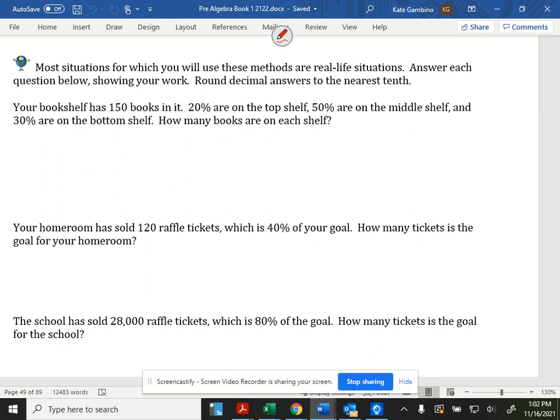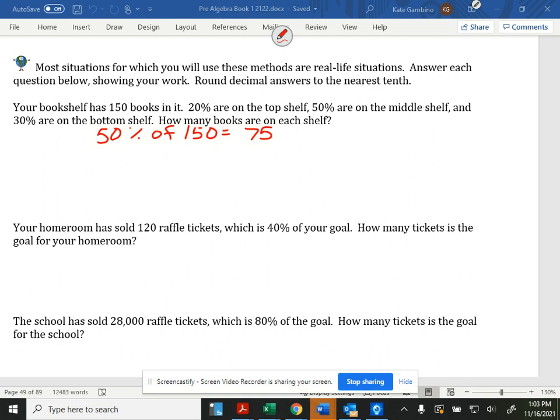Well, you had to do something to find the answers. The answers didn't just pop into your head. What did you do to find the answer? Well, first, I figured out what 50% was. Okay, so she looked at that 50% and said 50% of 150 equals what? 75. And then I did what 40% of 75 was.